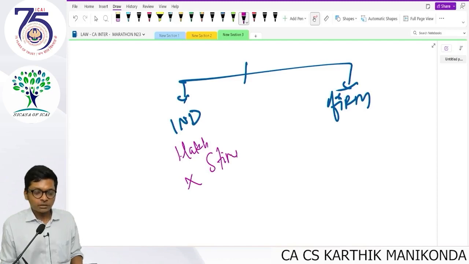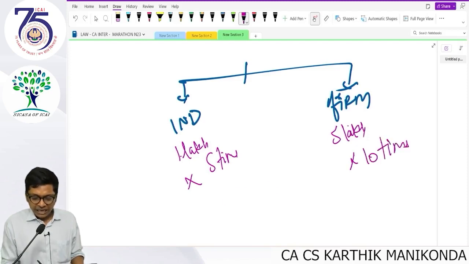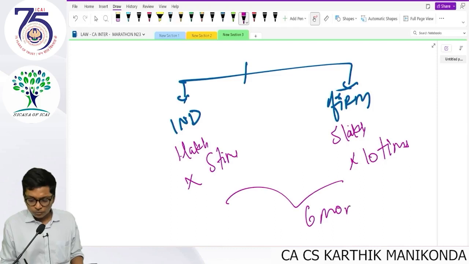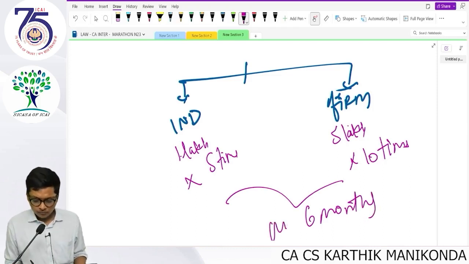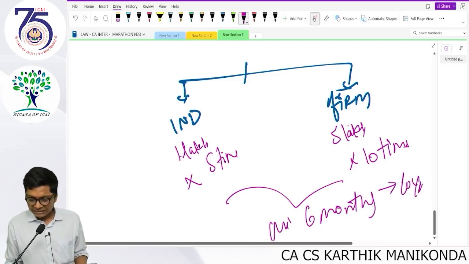For a firm, the penalty is 5 lakhs up to 10 times, and the member can be debarred for a minimum of 6 months up to a maximum of 10 years.